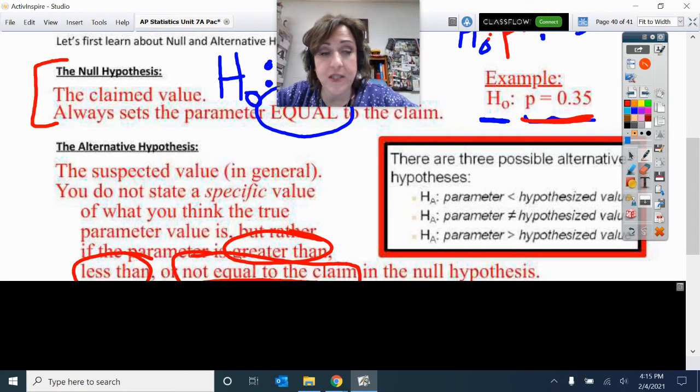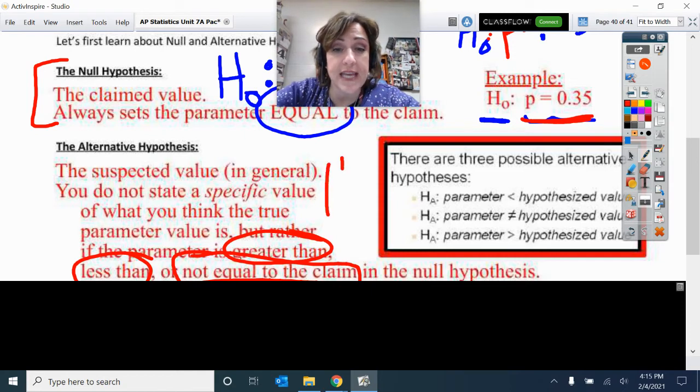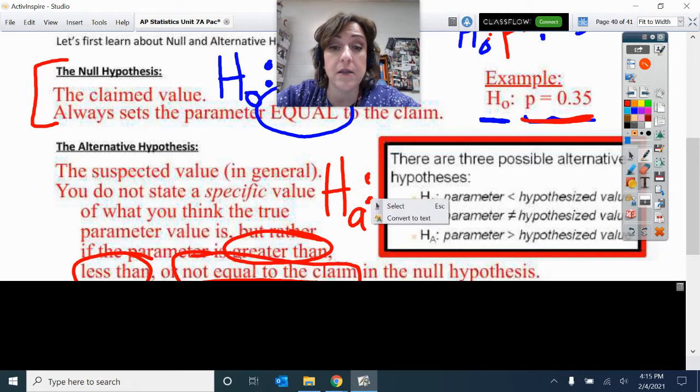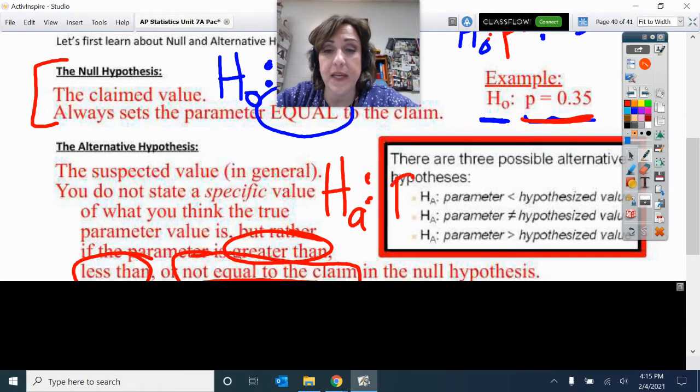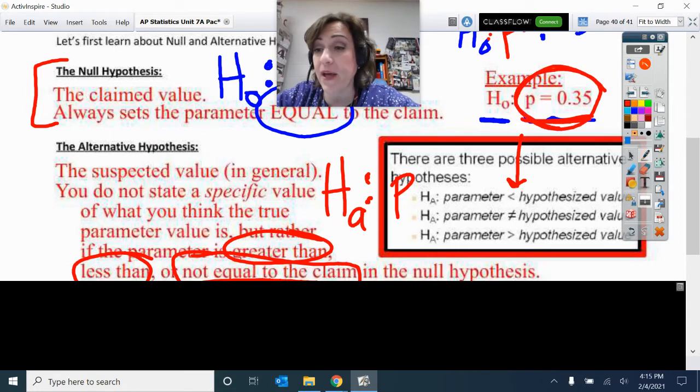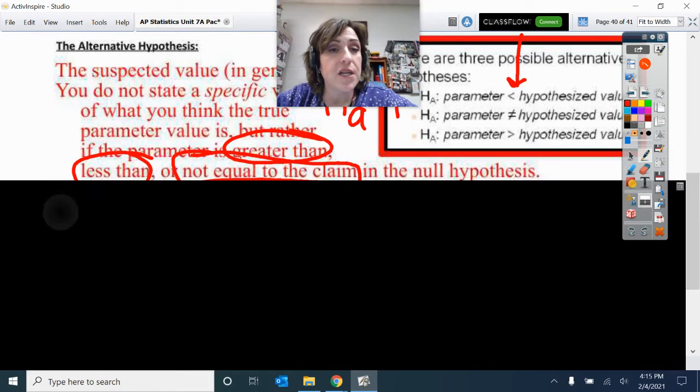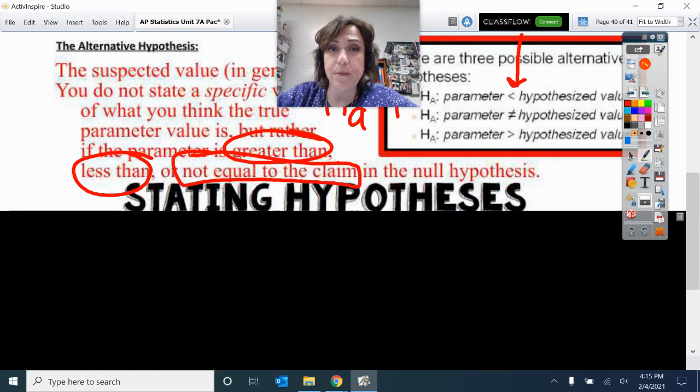So we write HA, usually H with the little a, colon, and then p is less than, greater than, or not equal to the claimed value stated in the null hypothesis. You are then going to see: was your sample unusual, and did it give you evidence to reject the null hypothesis and go for this statement in the alternative?